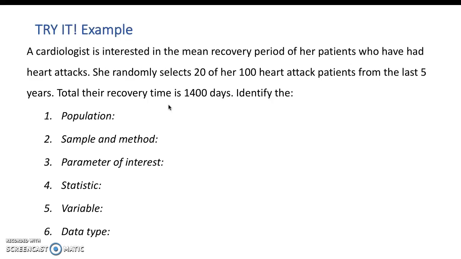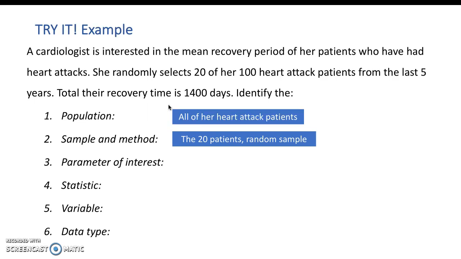So population. Well, population is all the patients that she has had that have had heart attacks. So all of her heart attack patients. The sample and method. So she randomly selects 20.